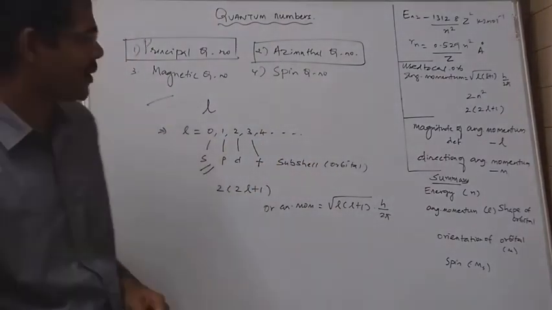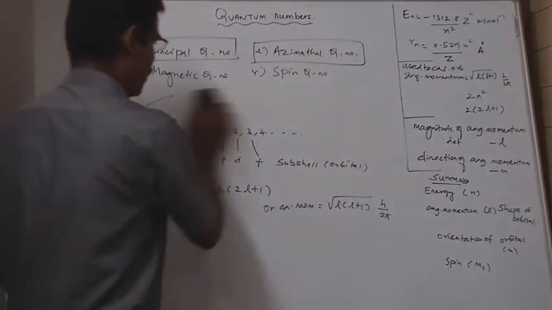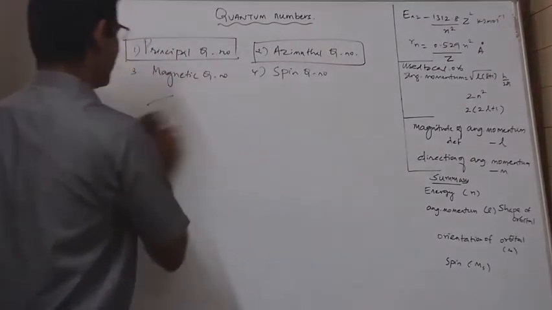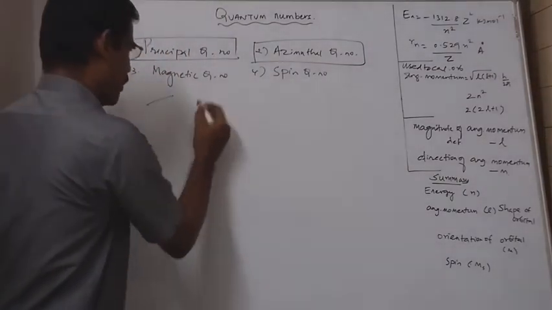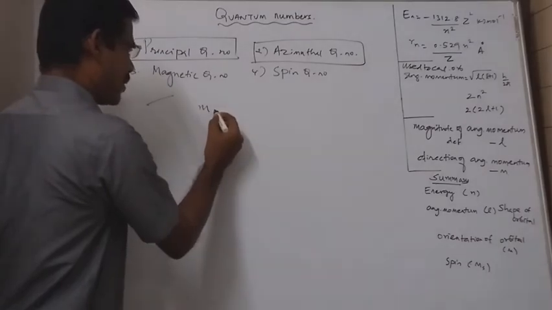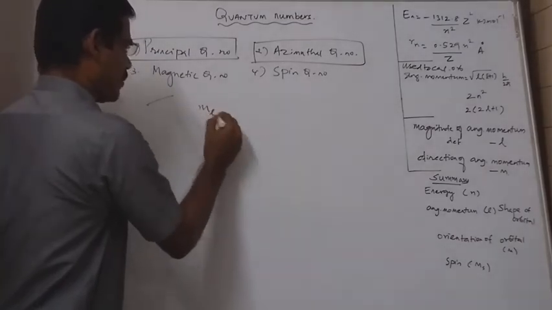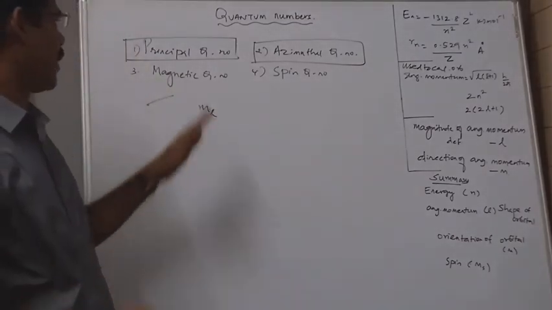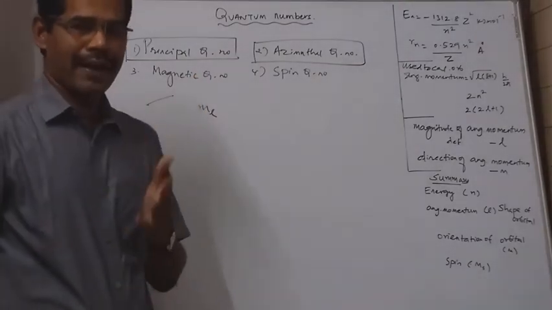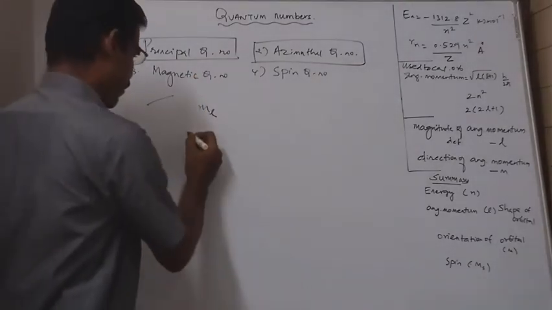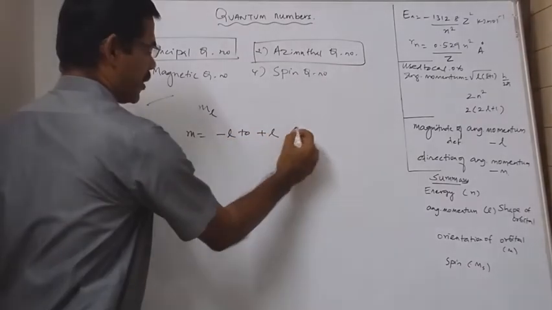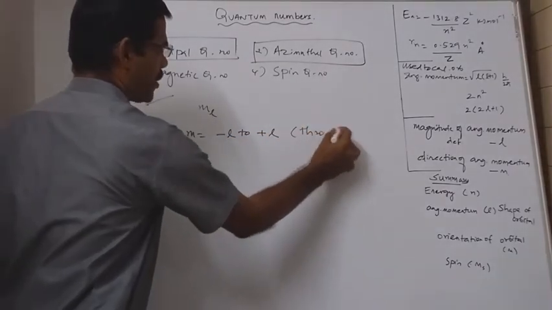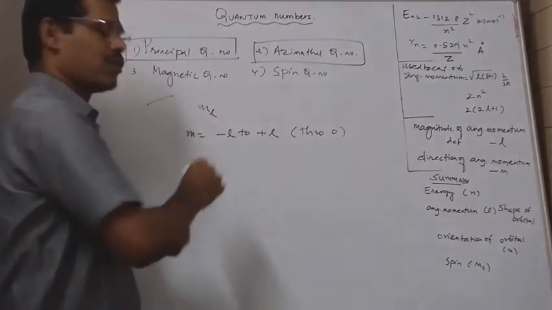Now let us discuss the magnetic quantum number. What does this magnetic quantum number signify? This magnetic quantum number is represented by the letter m with suffix small l. So that is the symbol for the magnetic quantum number. And a magnetic quantum number m can have a value of minus l to plus l, through 0, which means that 0 also will be included.